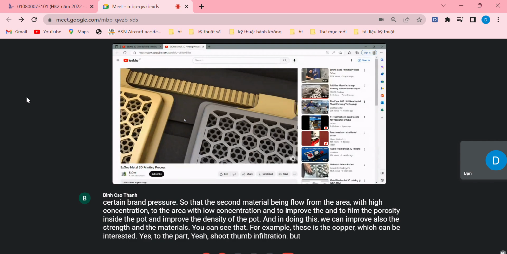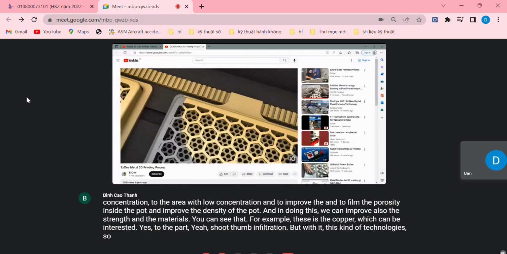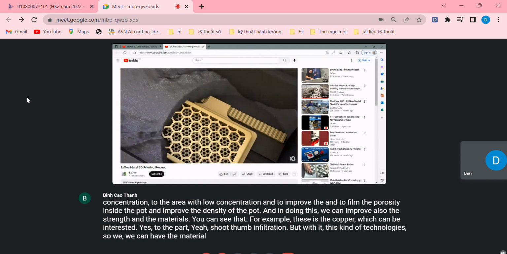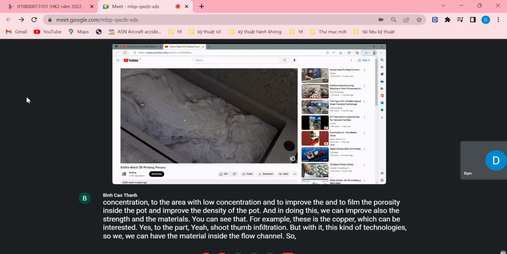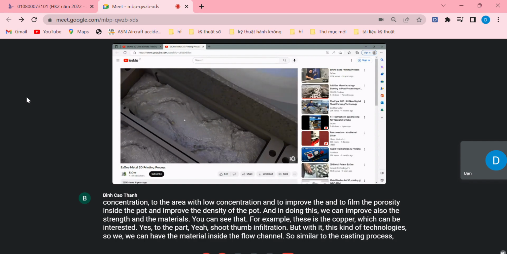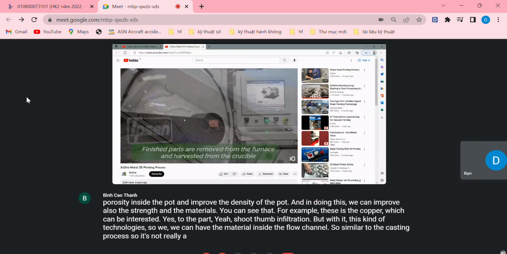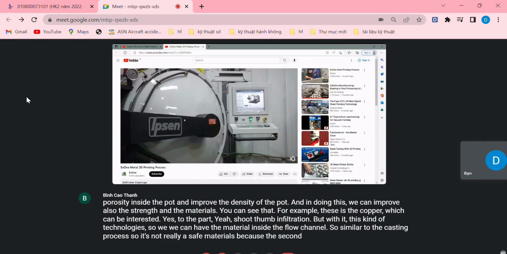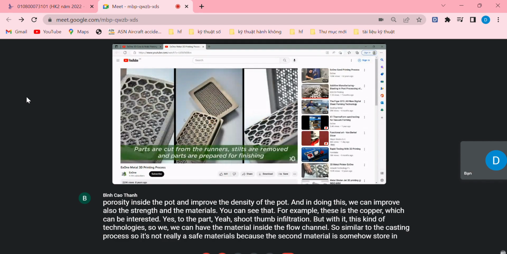But with this kind of technology, we still have material inside the flow channel. Similar to the casting process, it's not really saving material, because the second material is somehow stored in the channel.